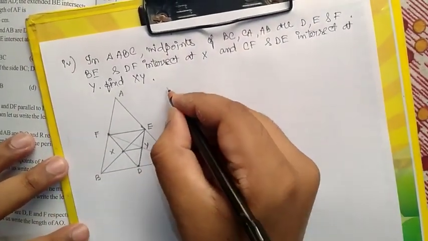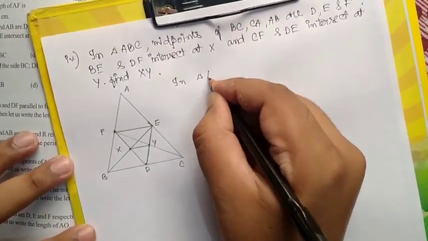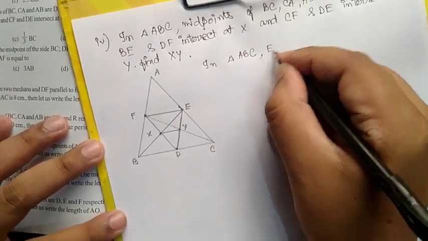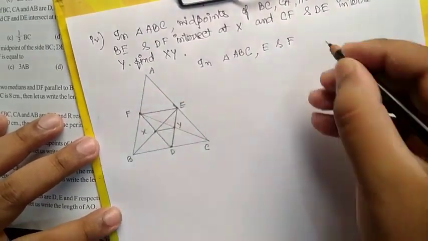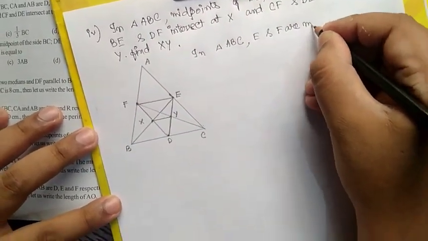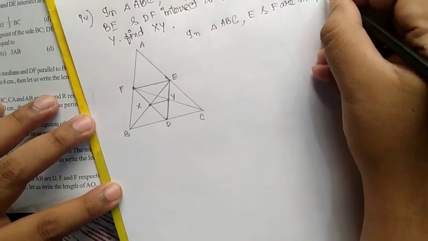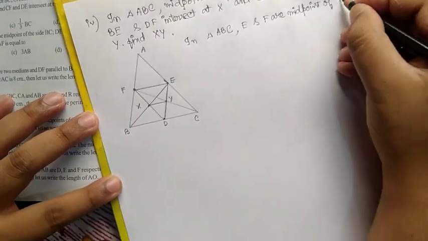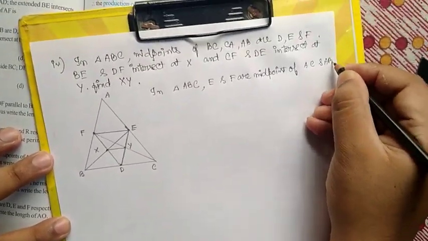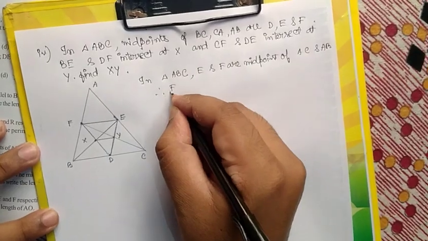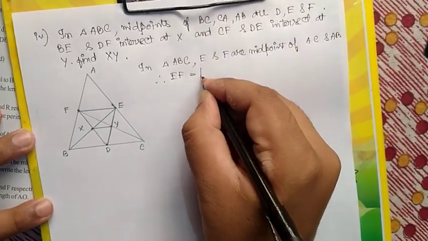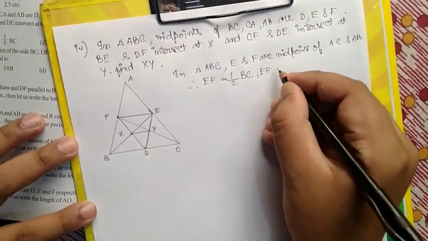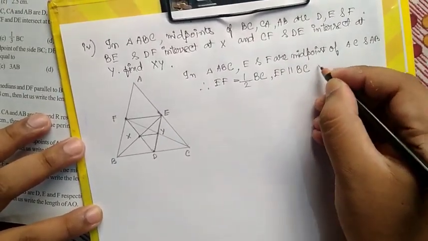Now in triangle ABC, E and F are midpoints of AC and AB. So we can say that EF equals half BC and EF is parallel to BC by the midpoint theorem.